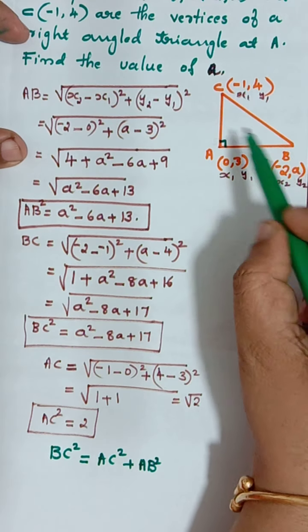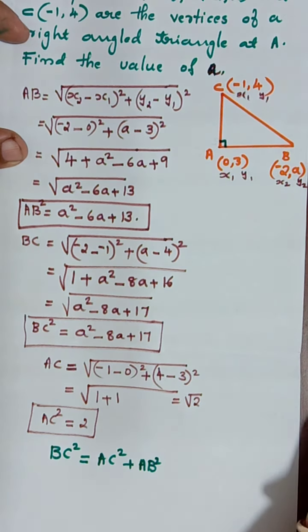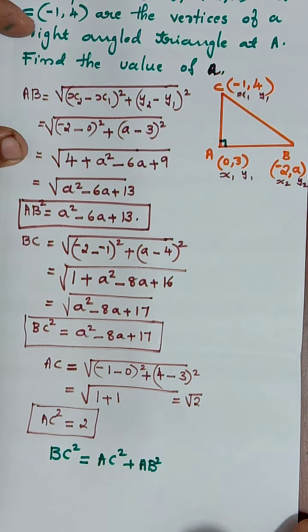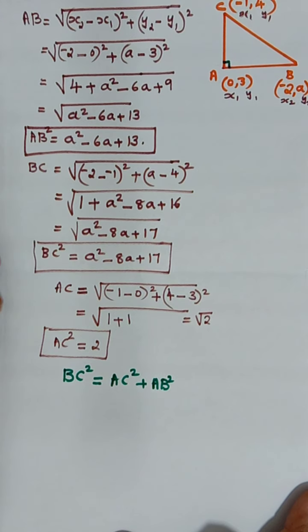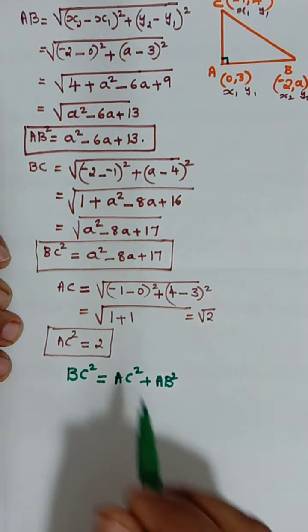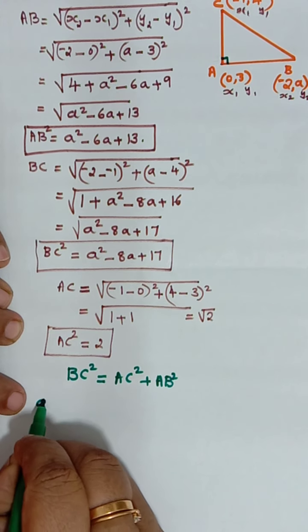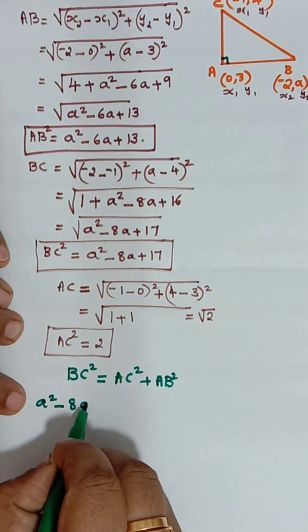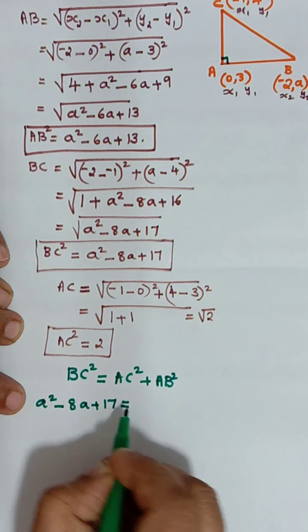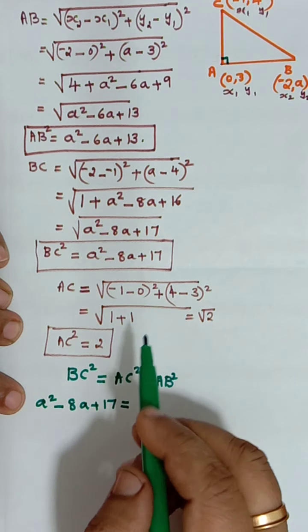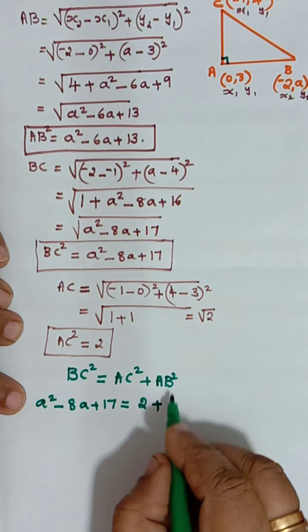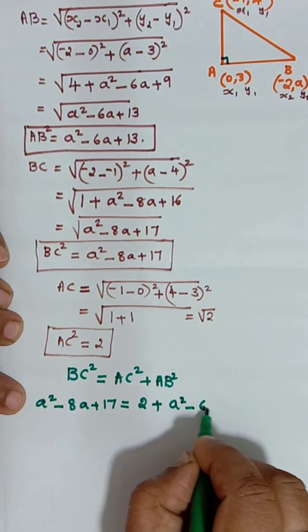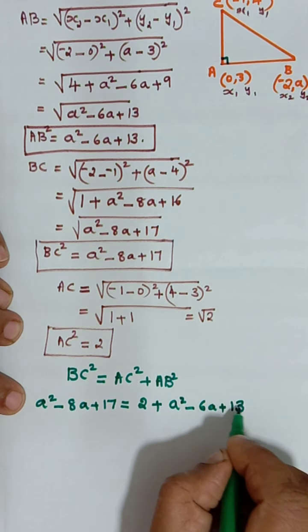Both the values we have found out, so you can substitute in the equation. BC square is a square minus 8a plus 17 equal to AC square, which is 2, plus AB square, which is a square minus 6a plus 13.